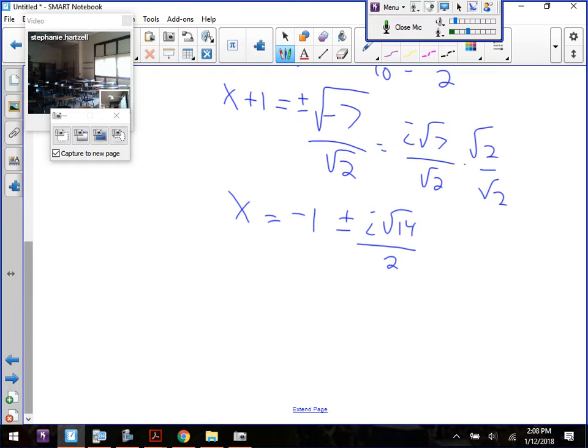What did it have? Oh, you know why? Because they got a common denominator. Notice how their answer has it all over 2? I only have this portion over 2. They wrote it with a common denominator by putting the whole thing over 2, so you get negative 2 plus or minus i root 14 over 2.